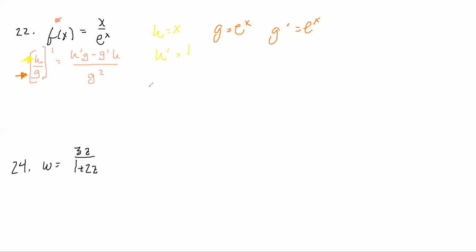So I have h prime times g, 1 times e to the x, minus g prime, e to the x, times h, x, all over g, which is e to the x, squared. Okay, so then I'm going to simplify this. So it's e to the x minus x e to the x over e to the 2x.